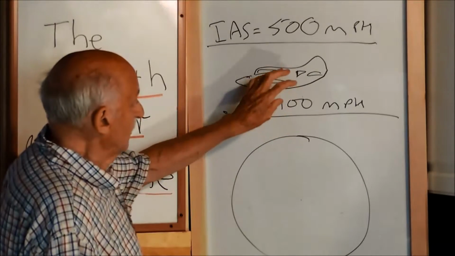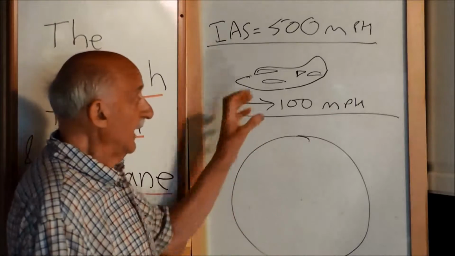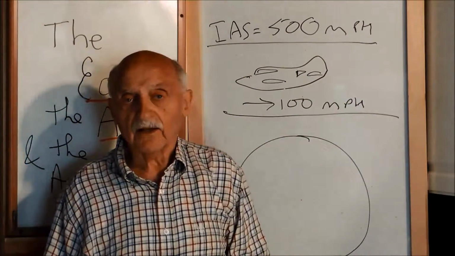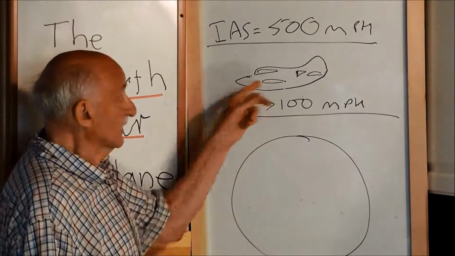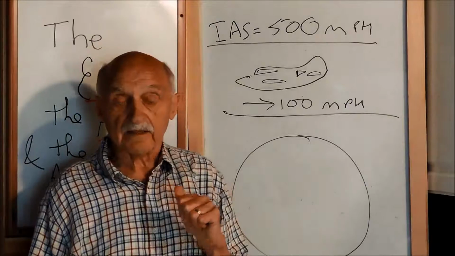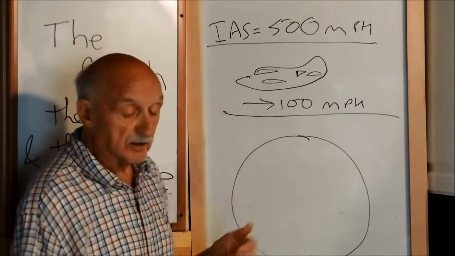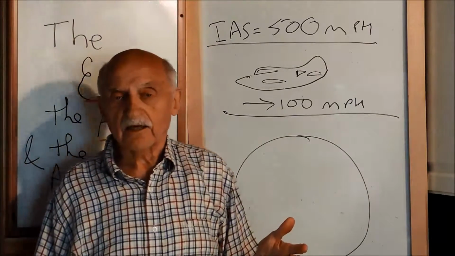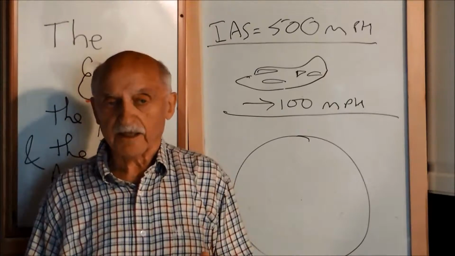So the aeroplane has energy relative to the Earth and energy relative to the air, and both of these kinetic energies are together at the same time in the plane. It has one kinetic energy for the air, and one for the Earth. Now, can they add together? No, they can't add together because they're not a property of the airplane.